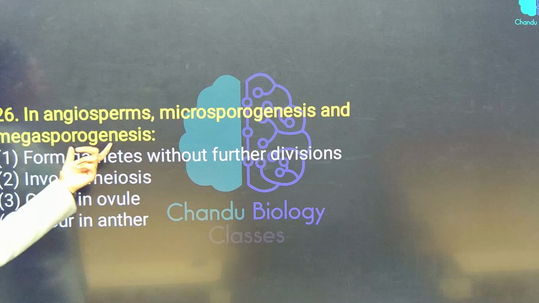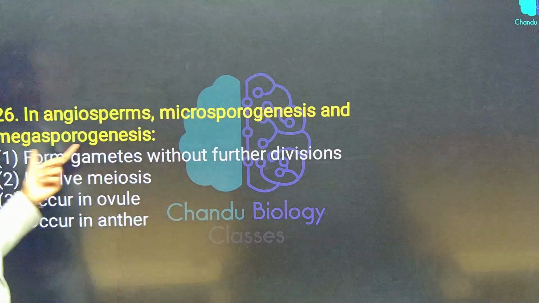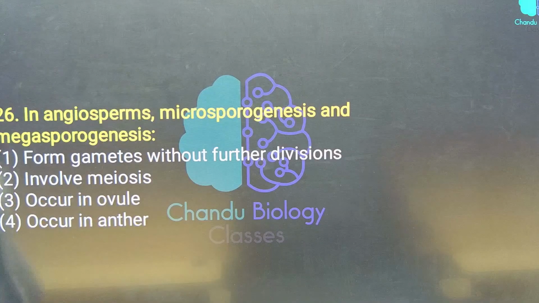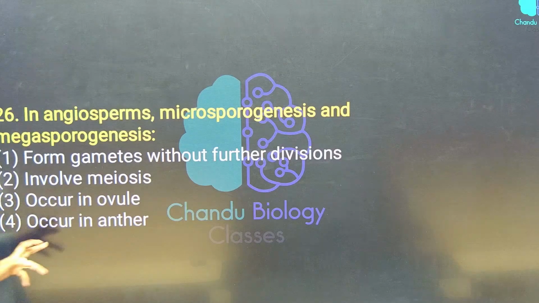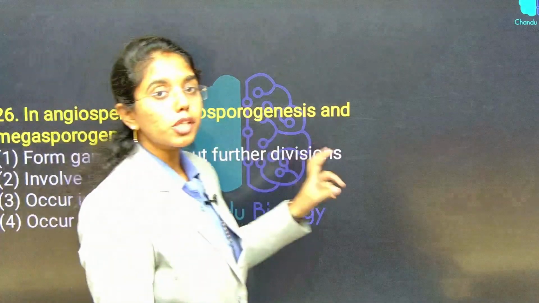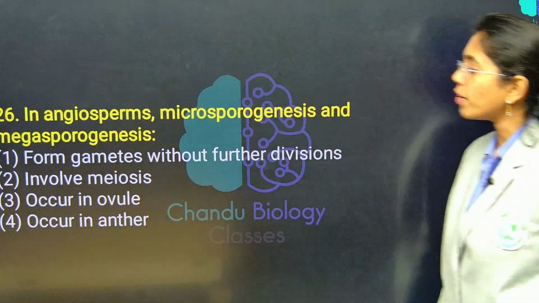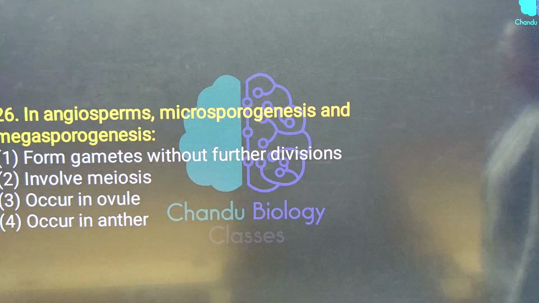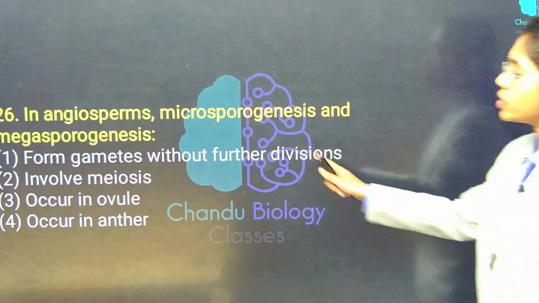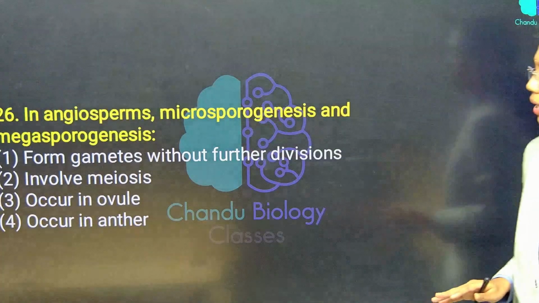In angiosperms, microsporogenesis and megasporogenesis will lead to what condition? Any of these options should be common for both of them. Without divisions, they are not forming gametes, right?